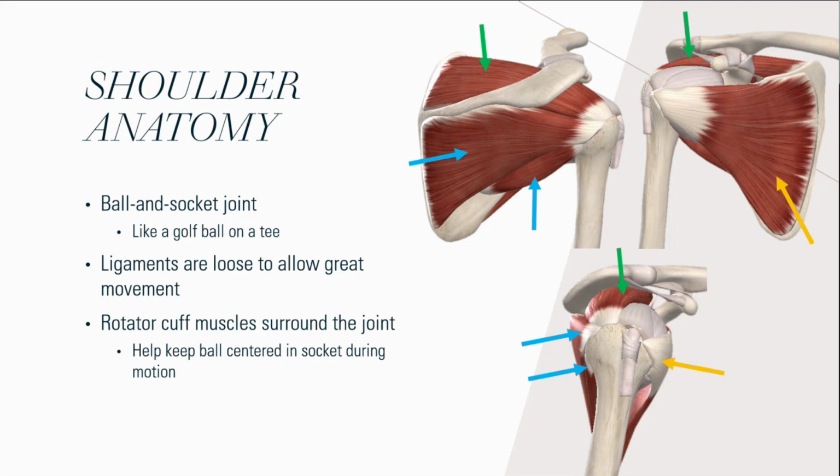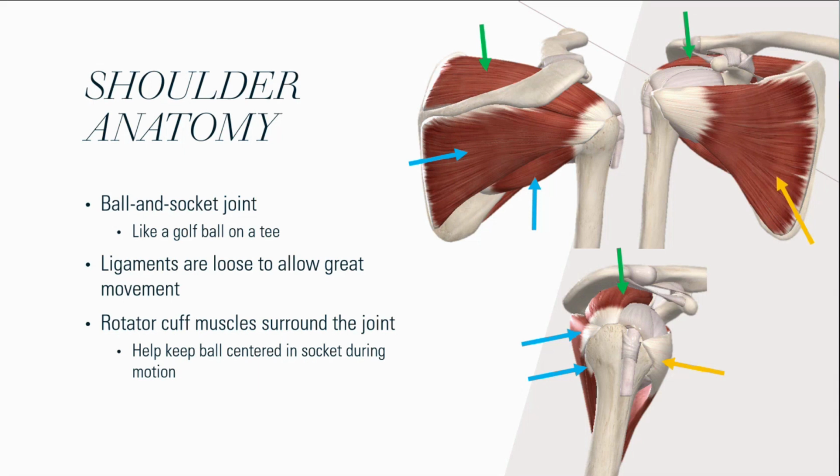The picture on the top right is showing the shoulder joint from the front. You can see again the green arrow highlighting that supraspinatus muscle as it comes across the top. The bottom picture is looking at the shoulder joint from the side. And again, the green arrow is highlighting where that supraspinatus muscle is sitting right on top of that ball and socket joint.